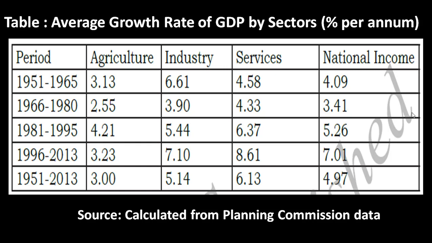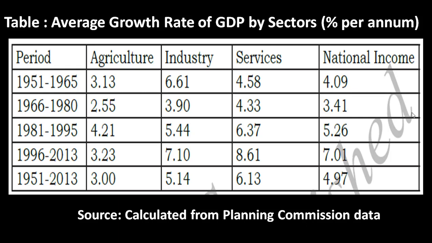Across 1951 to 2013, the agricultural sector contributed GDP growth per annum of 3%, industry 5.1% and services 6.13, overall 4.97. These are drastic changes in contributions.